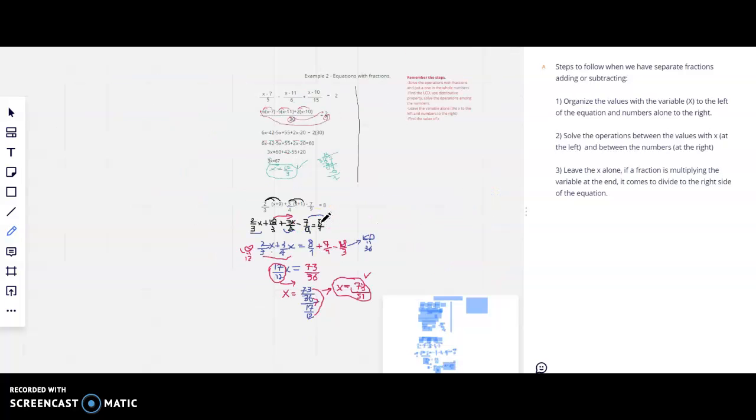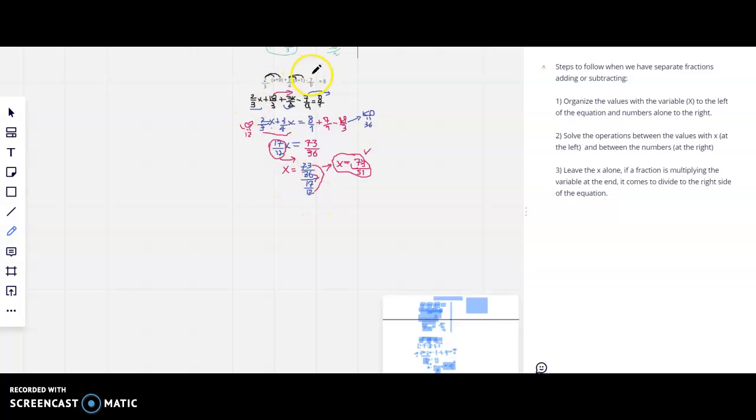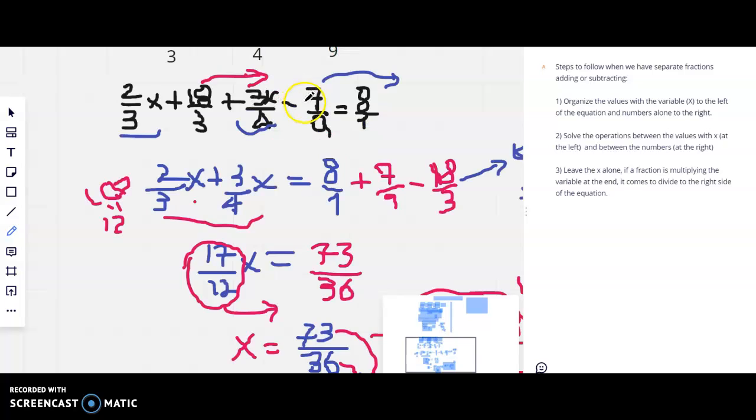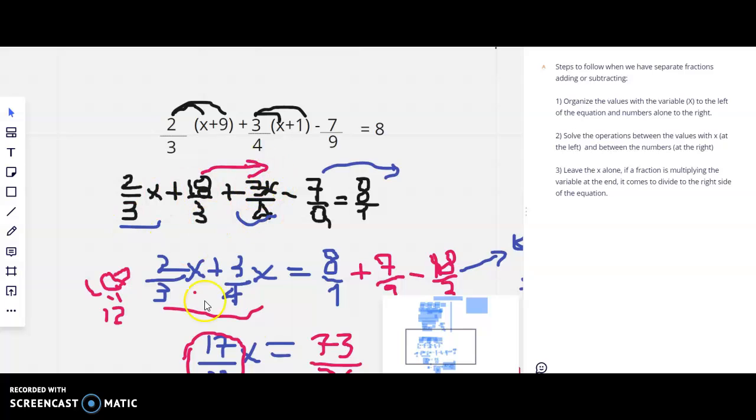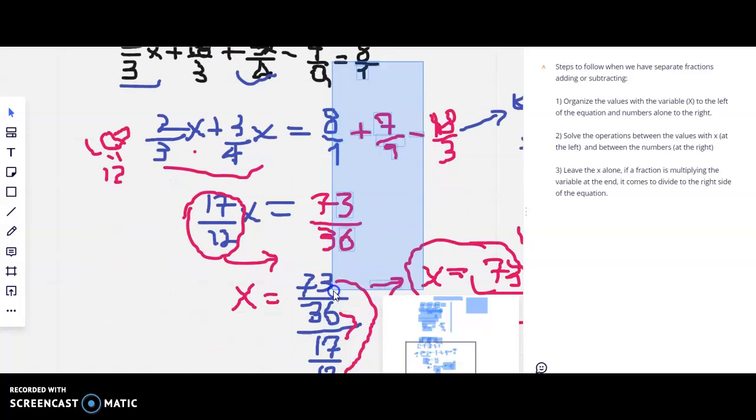That's it, guys. Remember to follow the steps. We had this equation, we solved the parentheses by multiplying 2 over 3 times x, 2 over 3 times 9, then 3 over 4 times x, 3 over 4 times 1. Then we left the x to the left side of the equation, so we have 2 over 3x plus 3 over 4x, and the other numbers come to the right: 8 over 1 plus 7 over 9 minus 18 over 3.